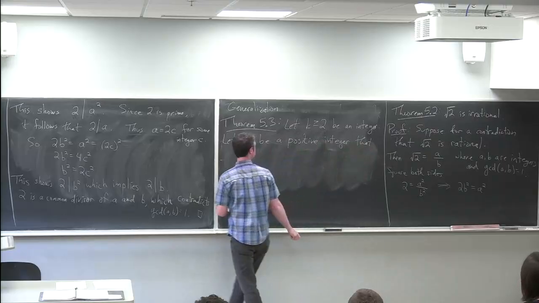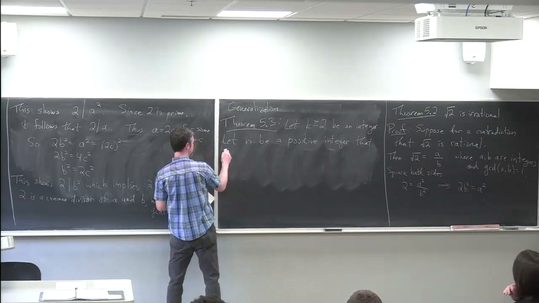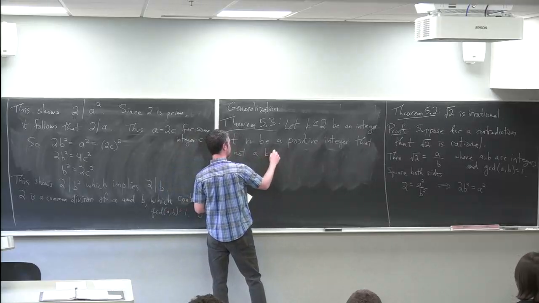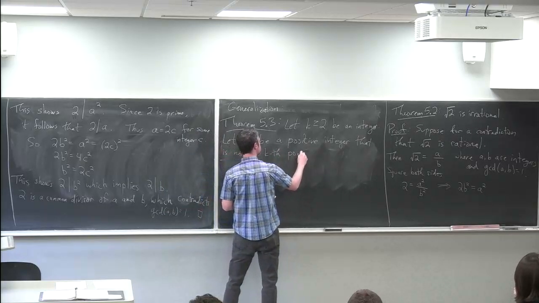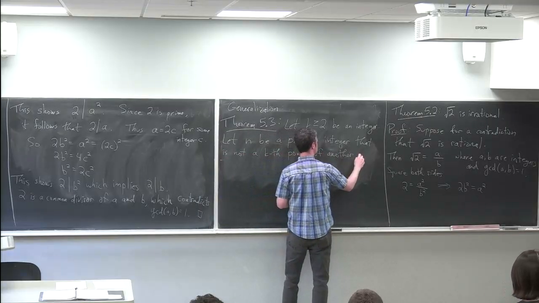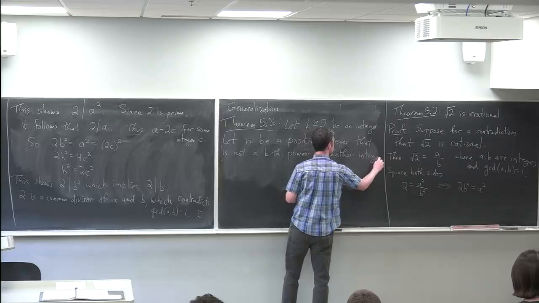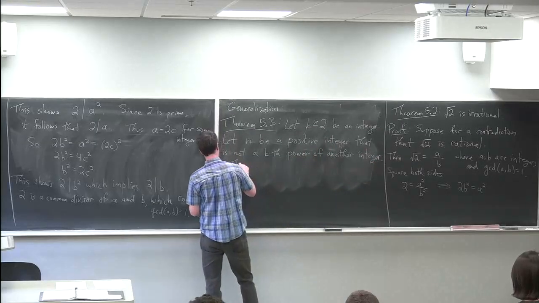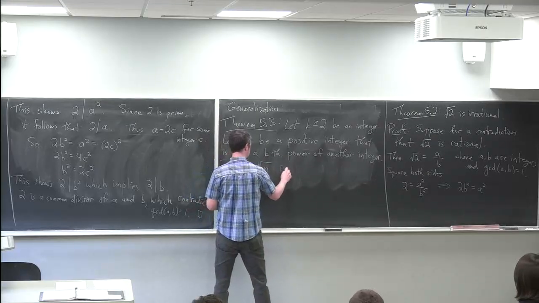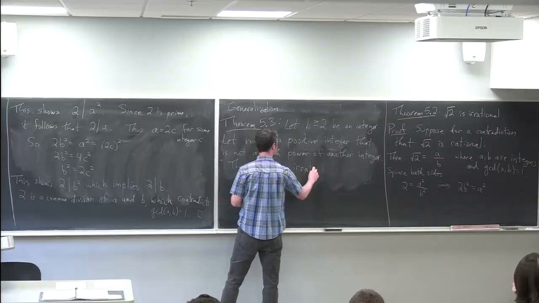What we're going to assume is that this positive integer is not a kth power of another integer. Okay, and so the statement is that the kth root of n is going to be irrational in this case.